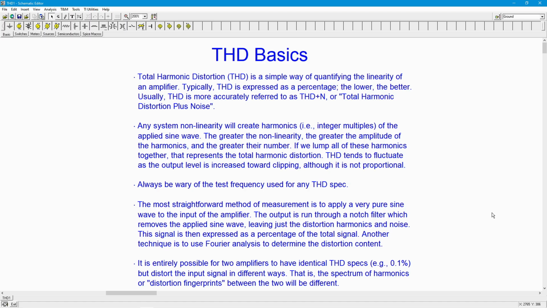But going back in time, back when I was in college, back in the Pleistocene, if you wanted to do distortion analysis, you would get a very low distortion sine wave source from a manufacturer like maybe Tektronix or Hewlett-Packard, back in the days when Hewlett-Packard was the go-to for test equipment, not at all what it is anymore.